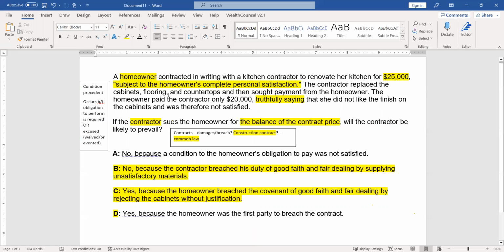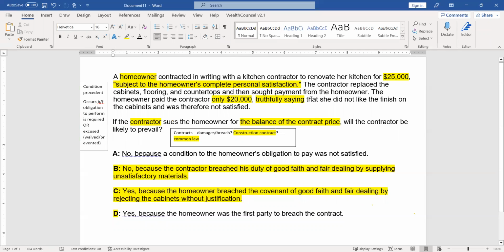So then at this point, you would think the contractor replaced the cabinet, so he did what he was supposed to do. The homeowner is supposed to pay him $25,000. She paid him only $20,000. The question is, did she breach?